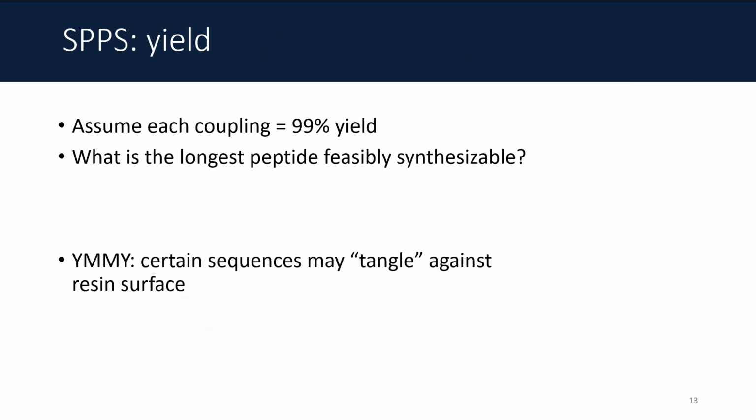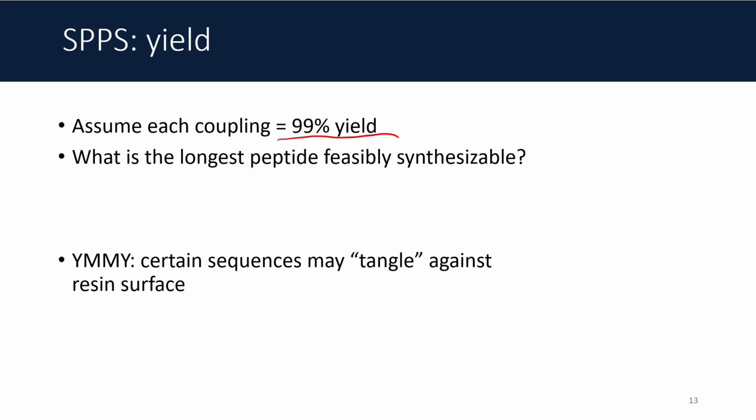How about we now ask ourselves, how efficient is solid phase peptide synthesis overall? What is the overall reaction yield? Now, I told you a few slides back that we can assume each coupling reaction occurs with 99% efficiency, and that is really amazing.